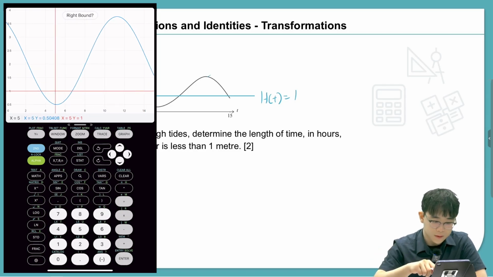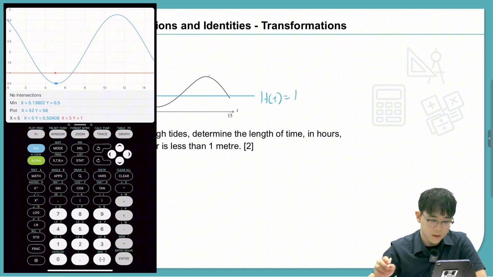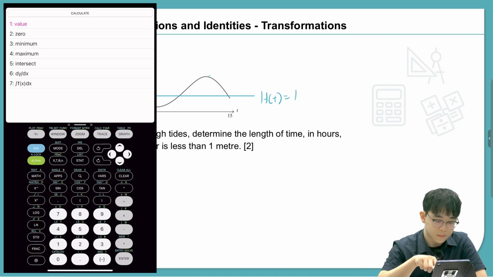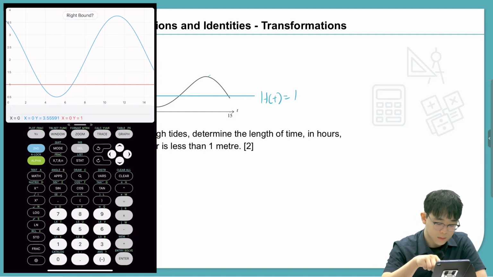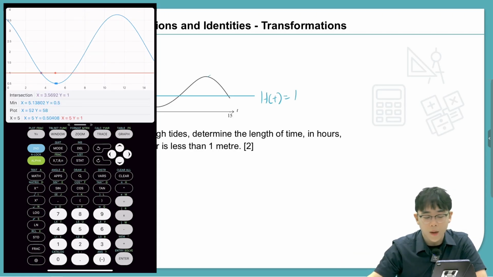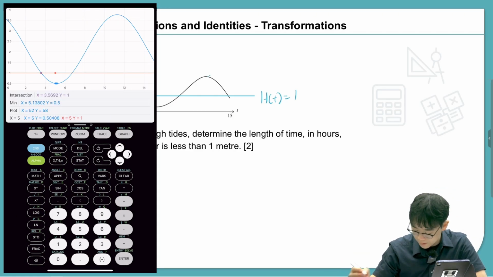So we first get our intersection when the time is 3.57. Okay.